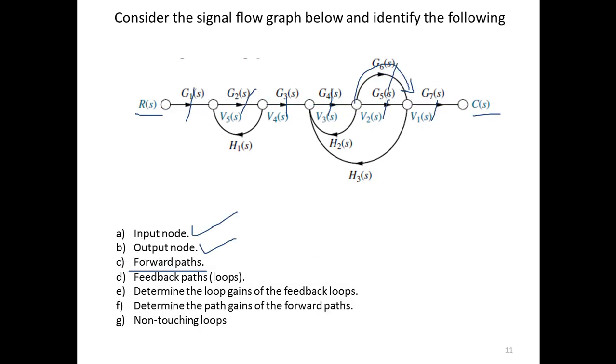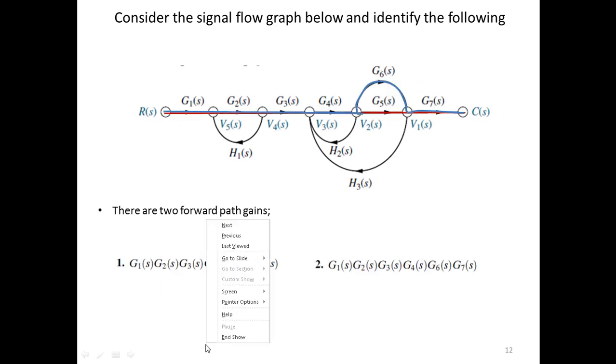And the next thing, you have to find the gains of that path. So the gains are G1, G2, G3, G4, G5, G6 and G7. And the next thing is basically the same as well. This is your first path, and this is your second path.